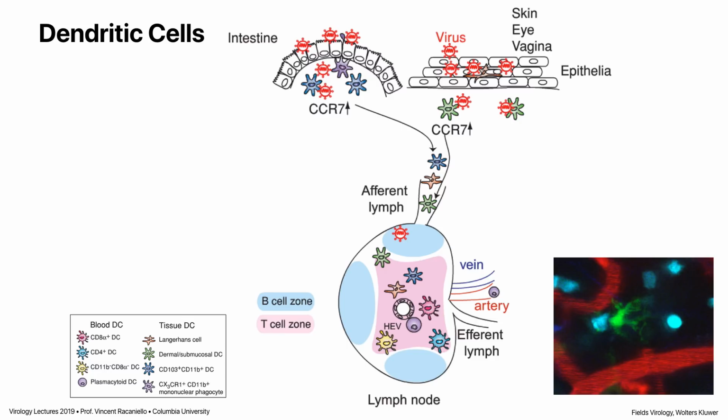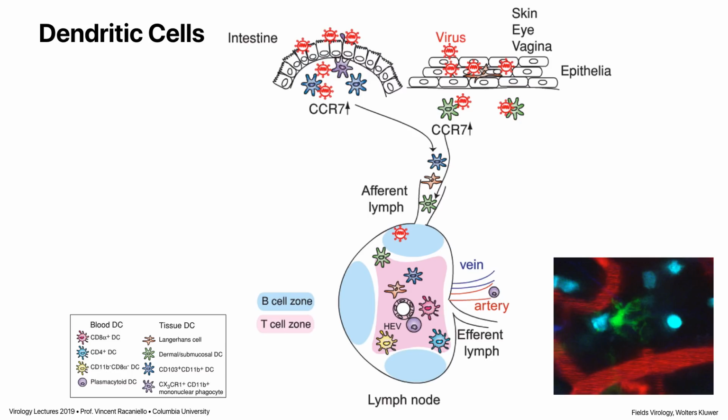And they will take pieces of the dead cells or viral proteins that are coming out of that dying cell, and they will bring them to the lymph node. And that's what's shown here. These dendritic cells are going into the lymph node where they have these packets of proteins, and they will present them to lymphocytes and say, is this foreign?